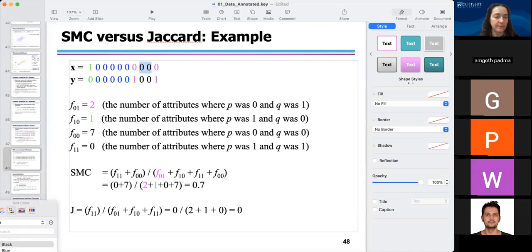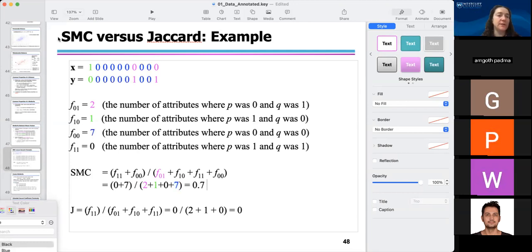So there is 1, 2, 3, 4, 5, 6, 7 of them. That's where you see the number 7 here. And for the last one, it's 0. We don't have any that have both of them at once.